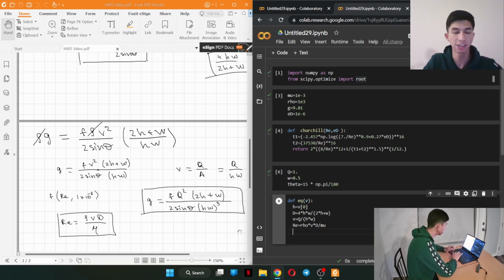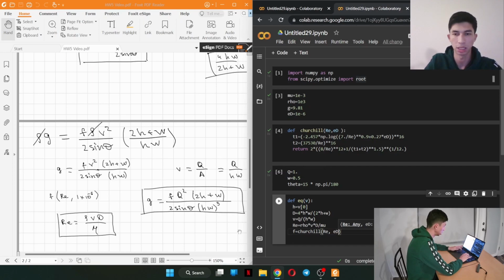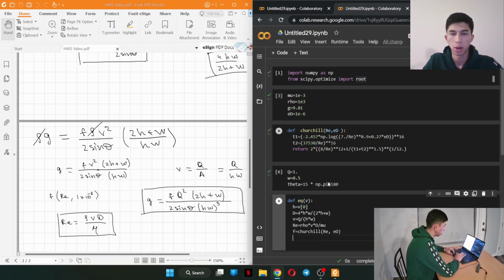And the fanning friction factor we're going to get from the Churchill equation, so it's going to take the Reynolds number and eg, right? The next thing is that our function has to return our right hand side function.